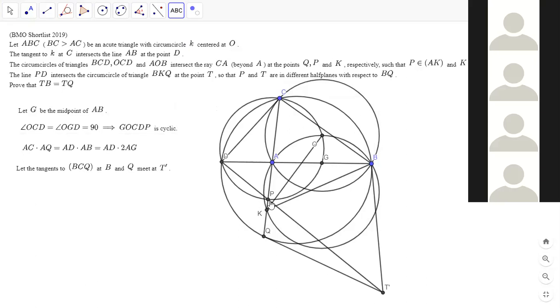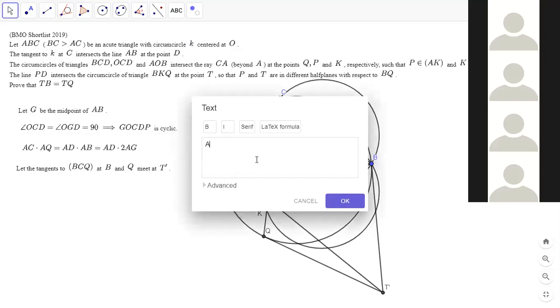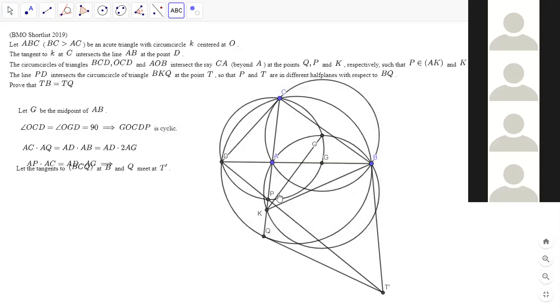We want to show P is the midpoint of AQ, right? And then we have AP times AC is AD times AG. And that implies that P is the midpoint of AQ.